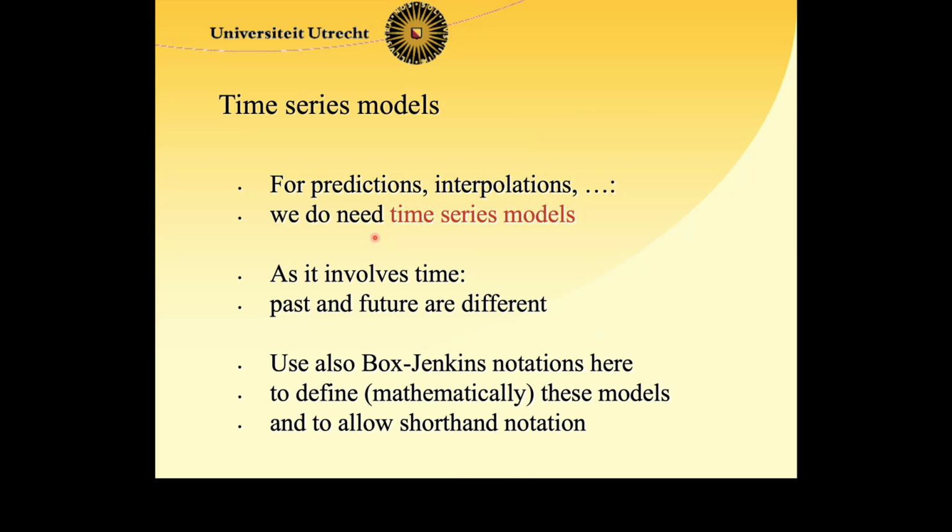So those are the type of models. And to do that, we use so-called recursive models, which means that the model predicts a value today as a function of what was found yesterday or the day before. That's what most Box-Jenkins models work for.